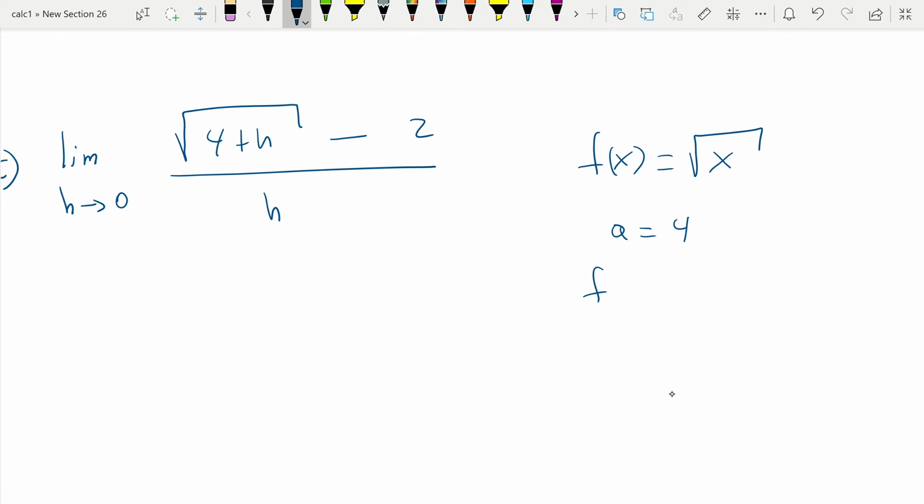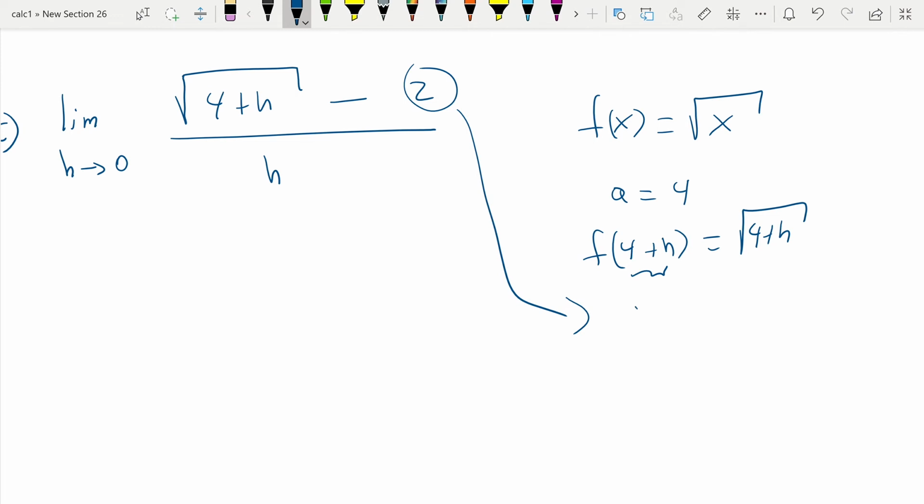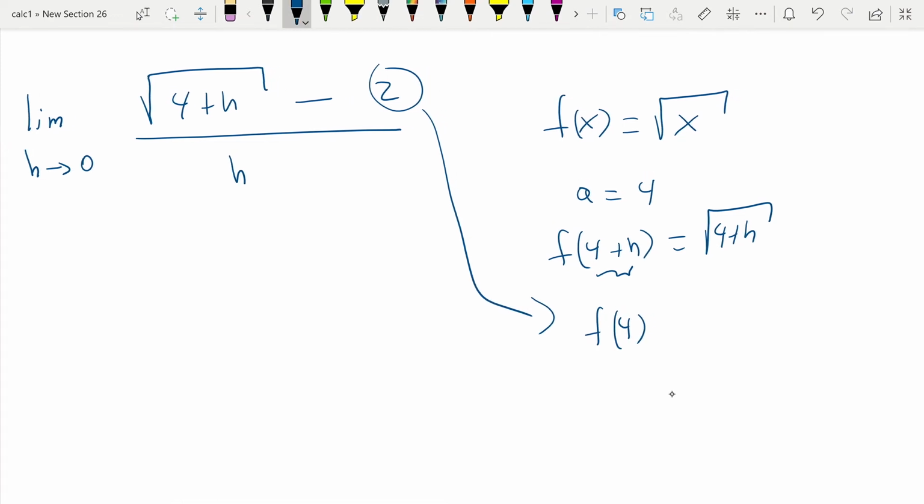So f of 4 plus h is equal to the square root of 4 plus h. We take the square root of what's inside f. And this then better be f evaluated at 4. And that is the case. This is the square root of 4, which is equal to 2.